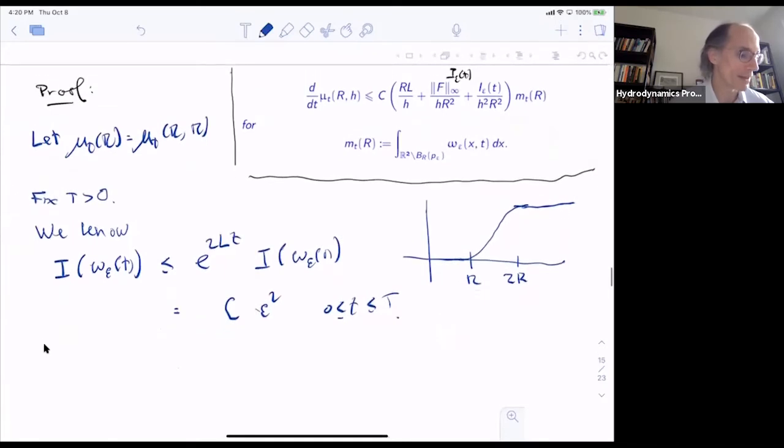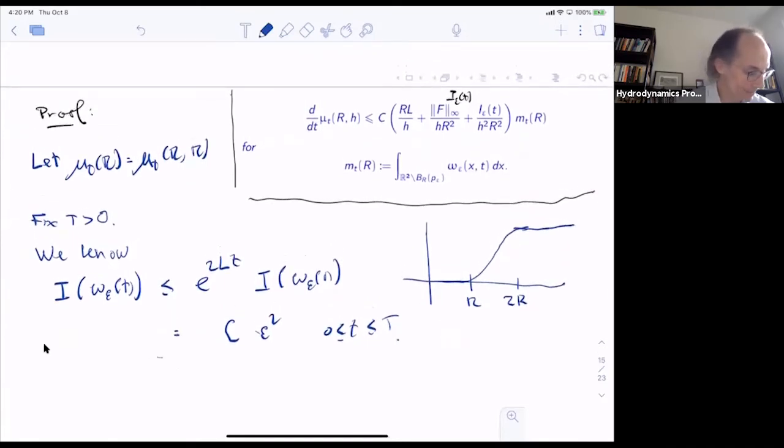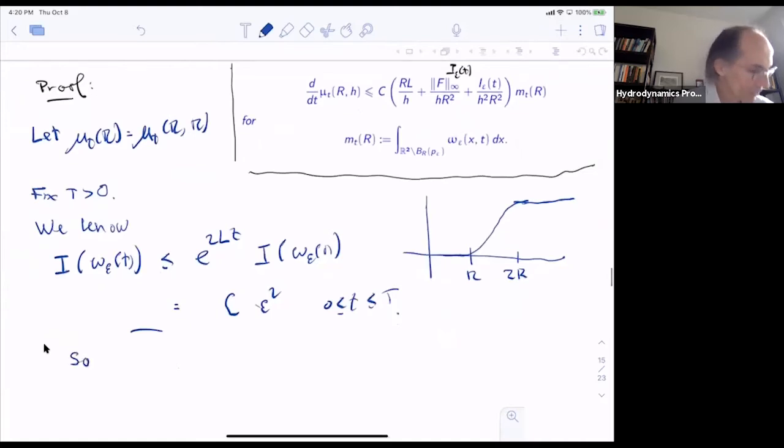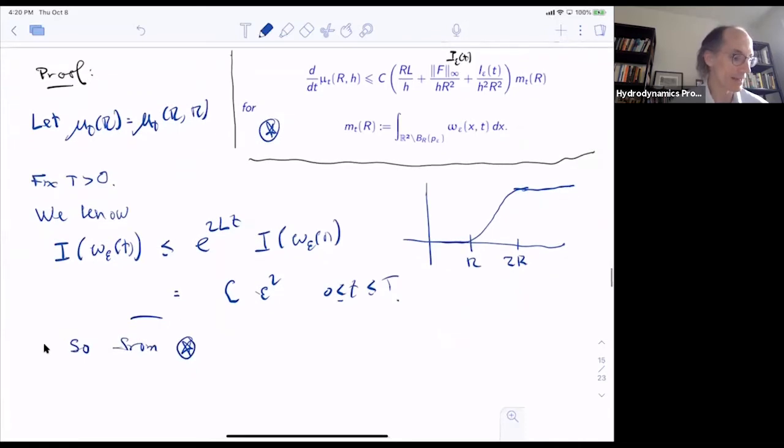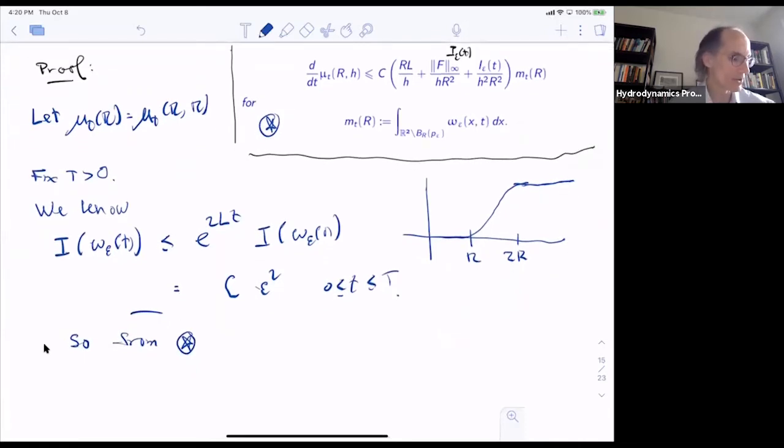Okay, and so then, from this, we know that, well, also, again, m_t of r is the vorticity outside radius r, and we can see that m_t of r is bigger than mu_t of r, but it's smaller than mu_t of r over 2, which has this weight.